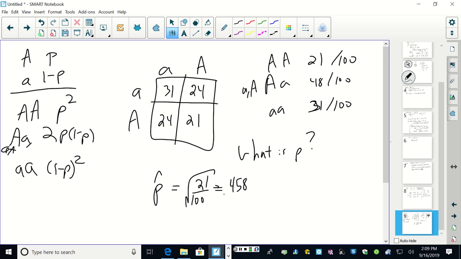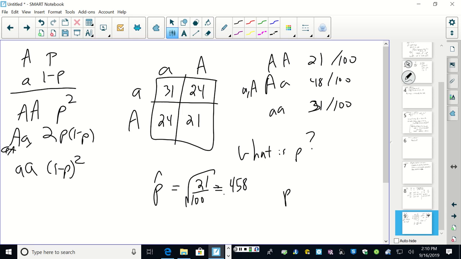But is there any other alternative? This one also has a p in it, right? You take the square root of that, you're down to 1 minus p, and then take 1 minus that. So you can do other things.